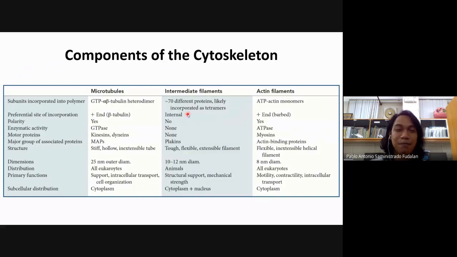Okay. Anyone else? Any other differences or similarities between the three?